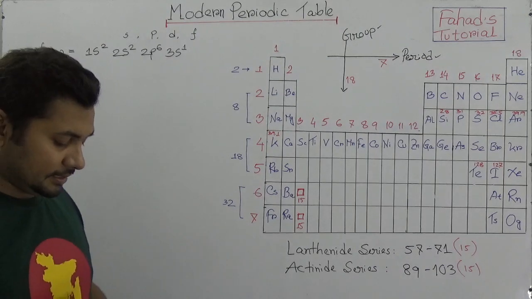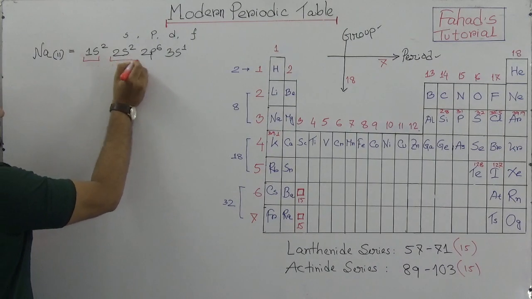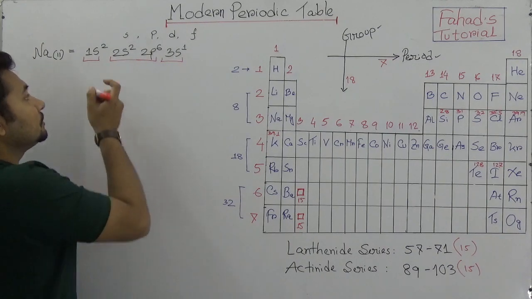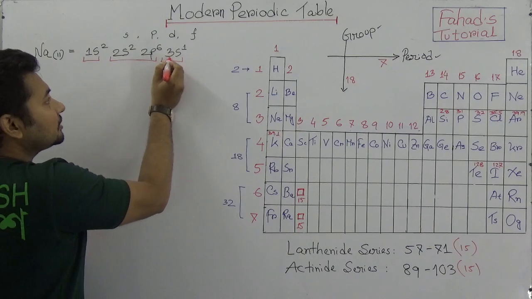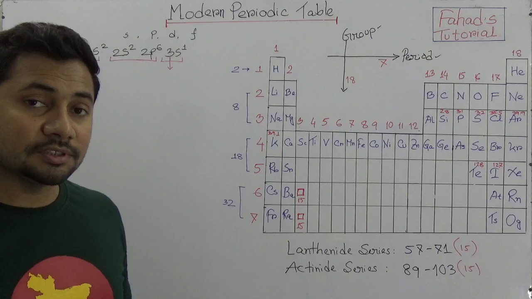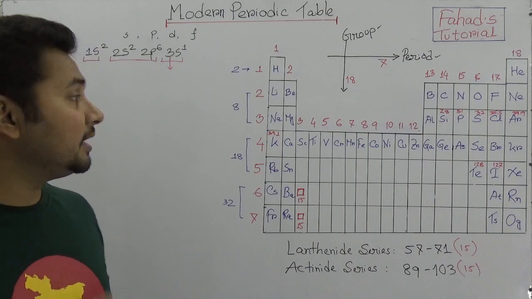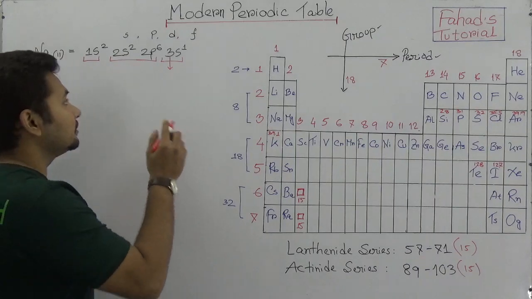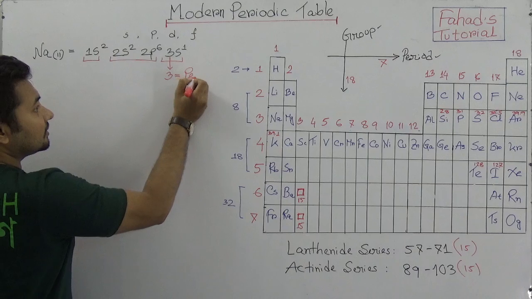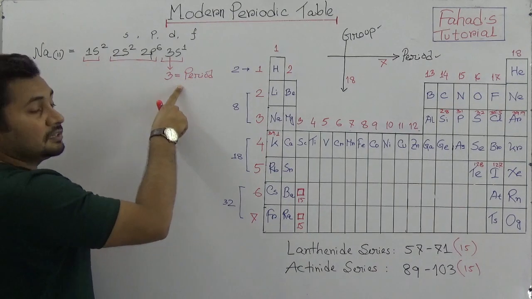Now you see that there are 3 shells in this electron configuration, so the number of the outermost shell is 3. The outermost shell defines the period where the element belongs, so as it is 3, it is in the 3rd period. Sodium belongs to the 3rd period.